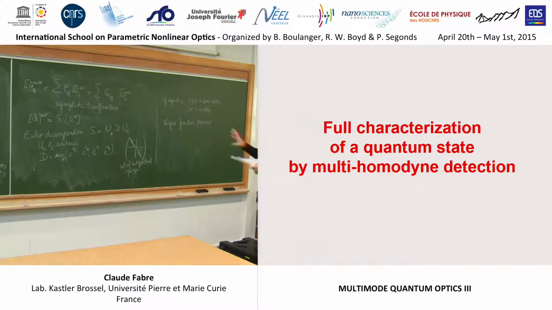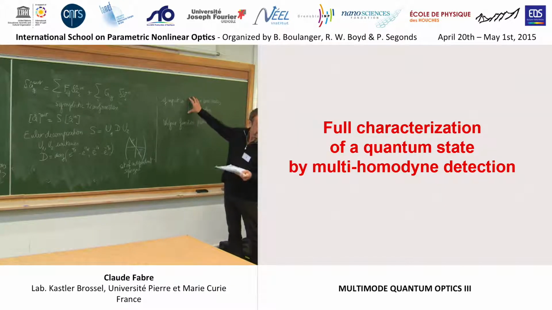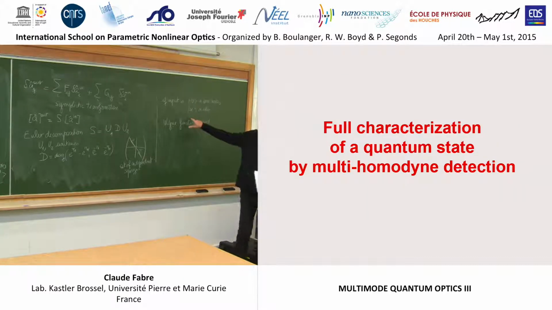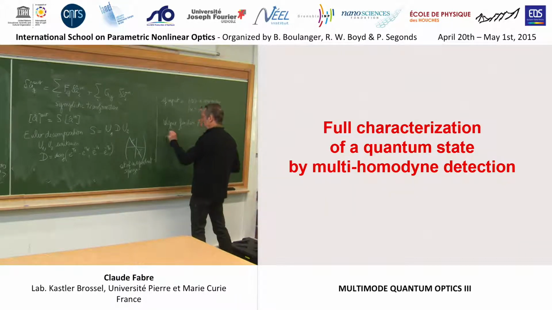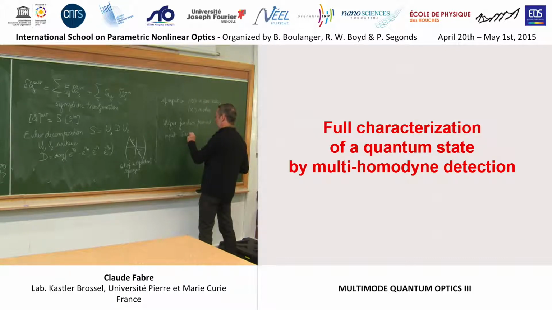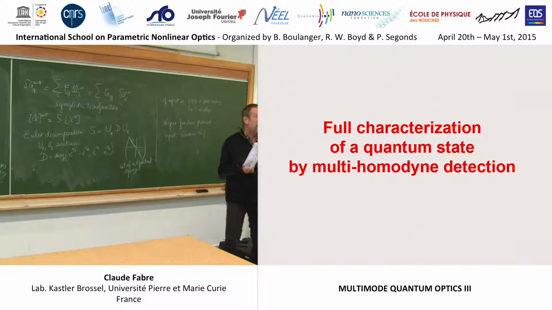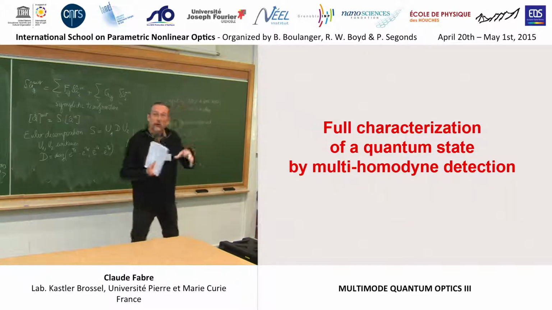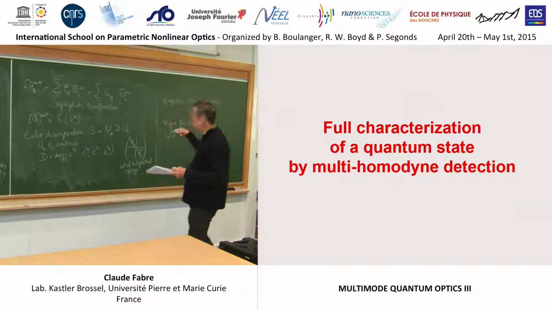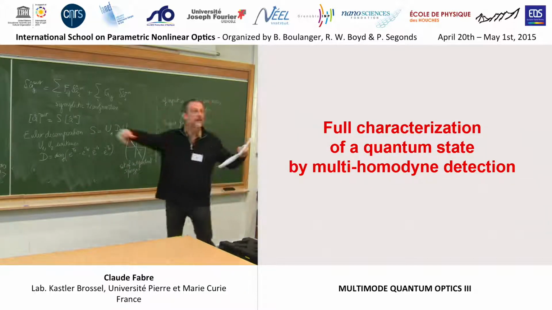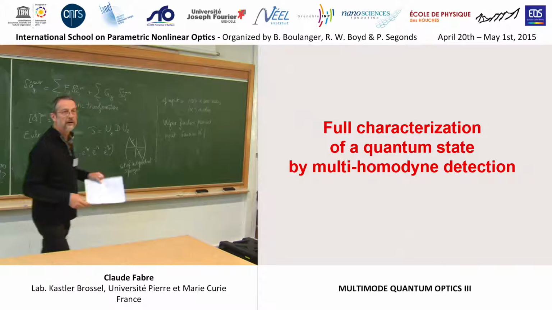So what is the Wigner function of the input? The Wigner function of the vacuum, or of a coherent state, is Gaussian. So at the input you have a Gaussian Wigner function, but it can be a complicated Gaussian. It's not a single-mode Gaussian, it's a Gaussian in all the variables alpha 1, alpha 2, alpha 3, which enable you to describe all the modes.